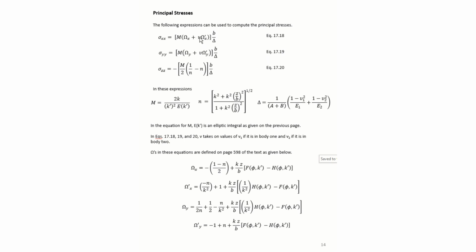This nu in here is Poisson's ratio, and it takes on the value of the body that you're looking at, and then omega x prime is given by this equation, which has elliptic integrals in it. And then we have b over delta, and we will come up with an expression for delta here. This b is the dimension of our contact ellipse, and we'll get an expression for delta here in just a minute.